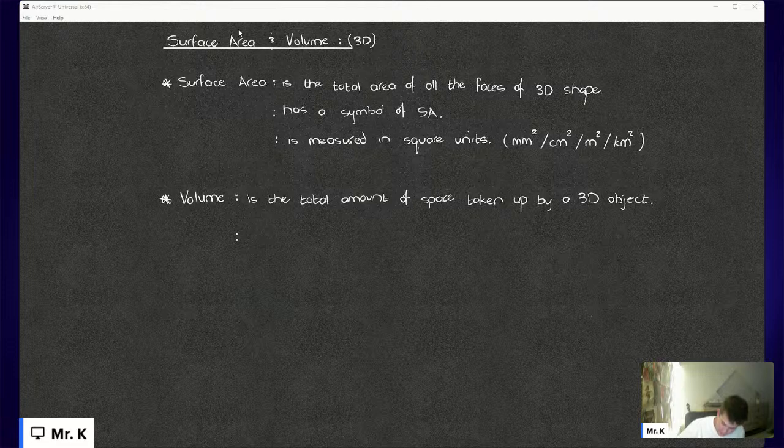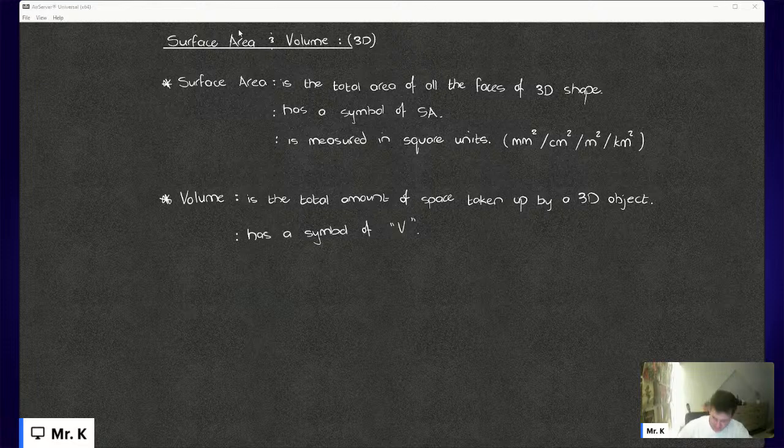Okay, so second, volume has a symbol of capital V. That's no surprise. You are allowed to do this, but you must start the question by stating that volume is equal to V. And finally, volume is measured in cubic distance units.